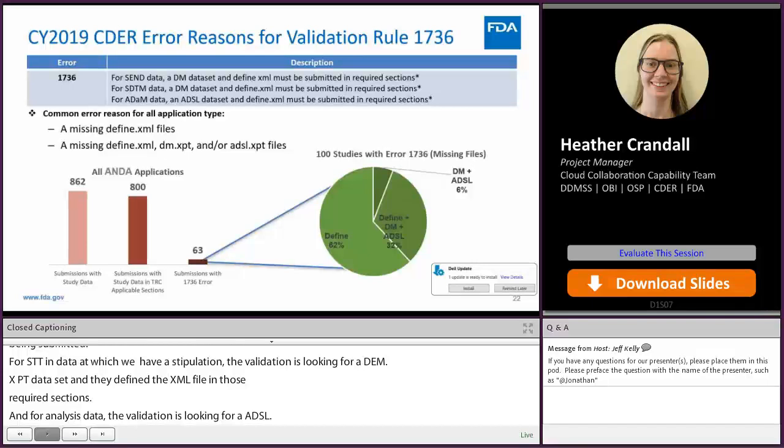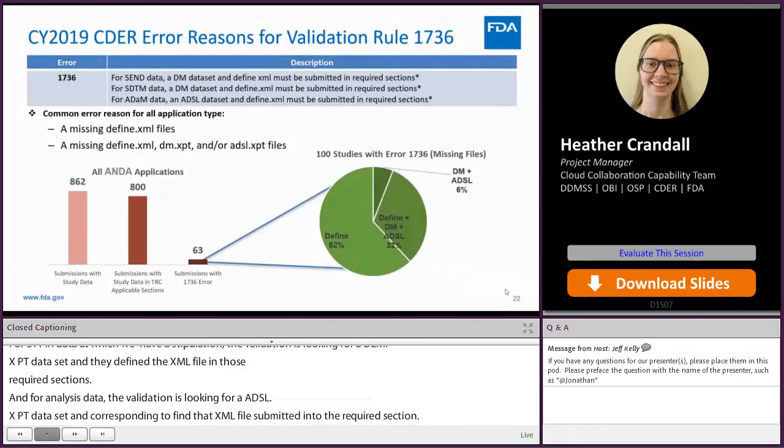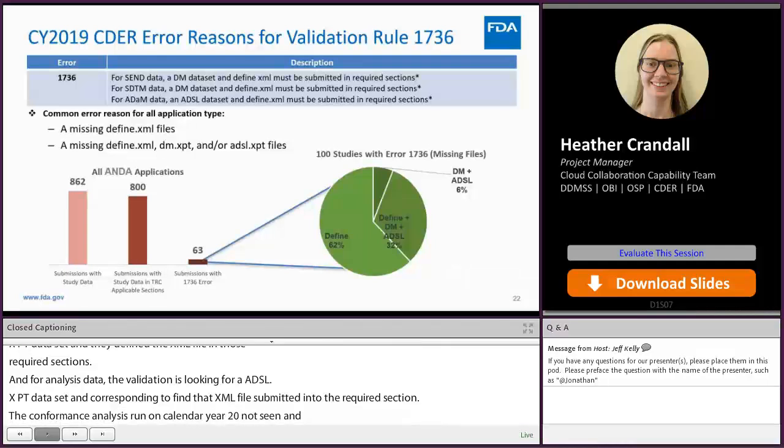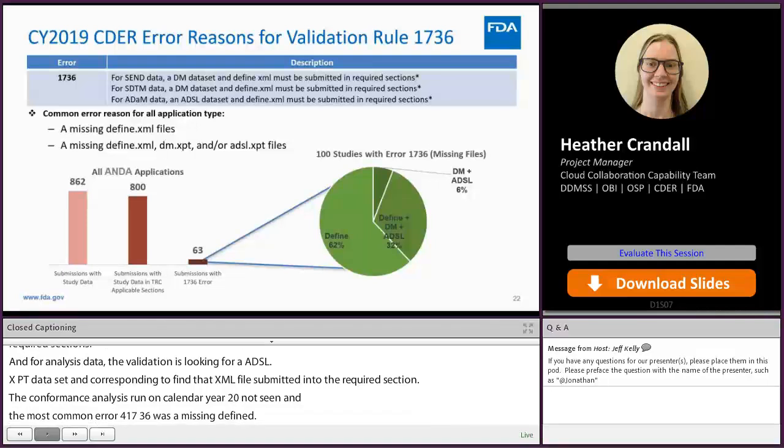Our conformance analysis run on calendar year 2019 ANDA submissions found that the most common error for 1736 was a missing define.xml file where the validation would expect to find one. That was 62% of the time when a 1736 error was thrown.